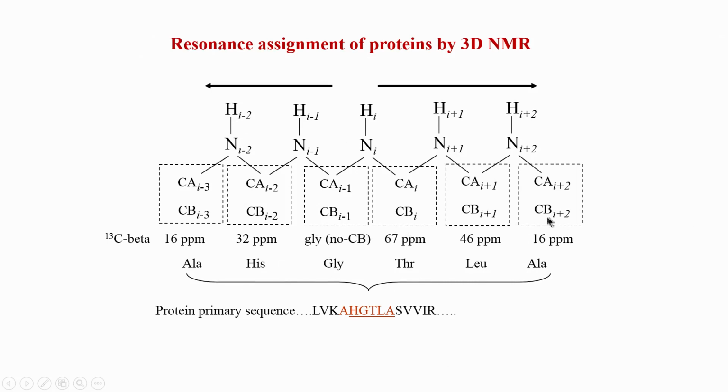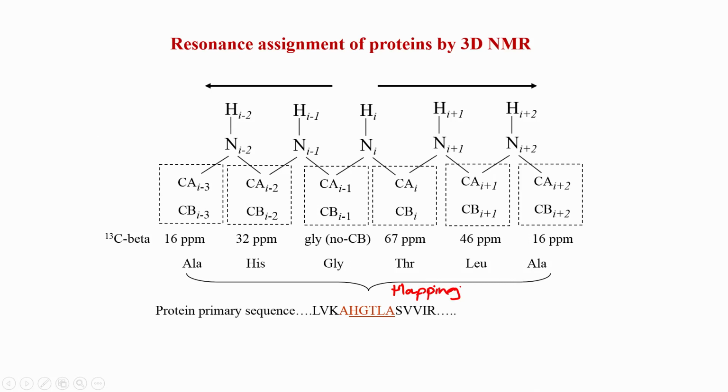After connecting them in the right order, I have found the amino acid type of these spin systems, and now I am trying to find where they can belong in the primary sequence. So, remember again, we have been given this sequence, we already know this sequence. So, we are trying to map. This is called mapping. It is a very important word in assignments, mapping.